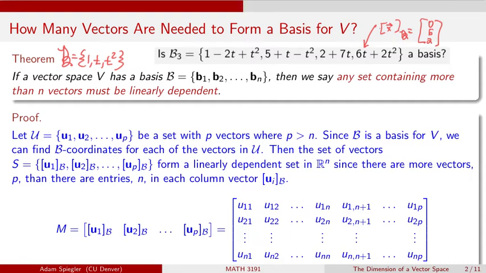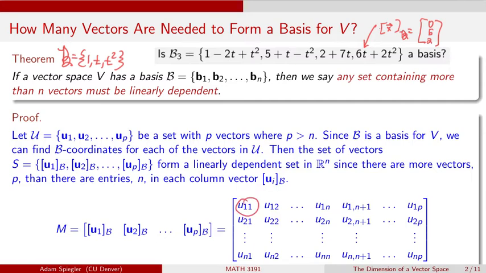So if I construct a matrix M out of all of these column vectors, which are the B coordinates for each of the vectors in our alternate set U, then we get this matrix, which is an n by p matrix. And again, we have more columns than we have rows.